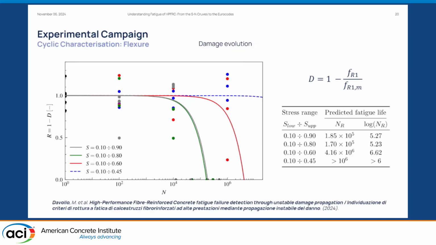And on the table here, you can see the fatigue life that we obtained by interpolation for the specimens that failed, and by prediction for the specimens that did not fail, so mainly for 0.6. For 0.45, since we didn't see any decrease in strength, as I was mentioning before, and this might be a limitation of this methodology, we are not able to estimate the fatigue life, but for sure we can say that it will be larger than the one obtained for the larger load level.